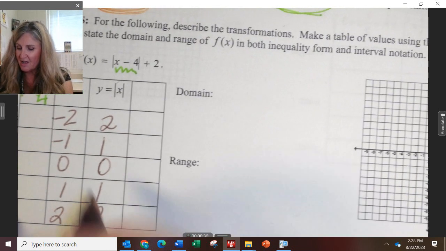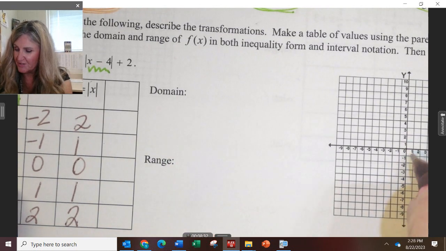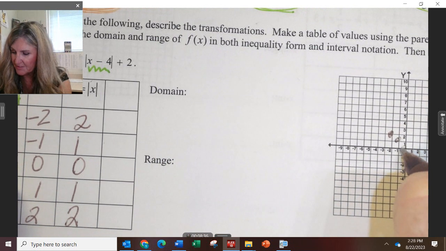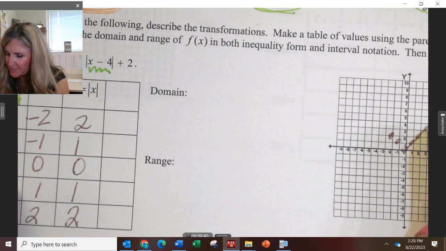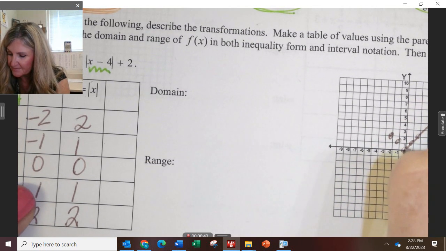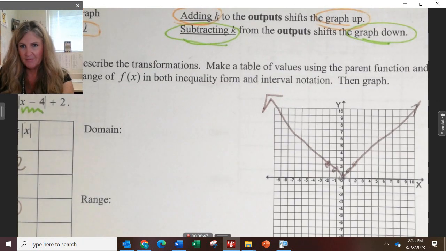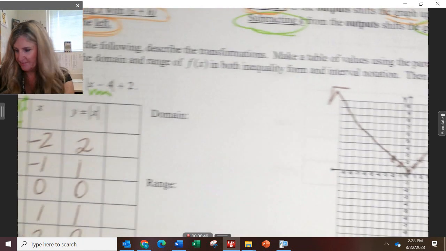So I'm going to start off, I'm going to just graph this parent function. -2, 2, -1, 1, 0, 0, 1, 1, 2, 2. So here's what the parent function looks like. Okay, that's our parent function.